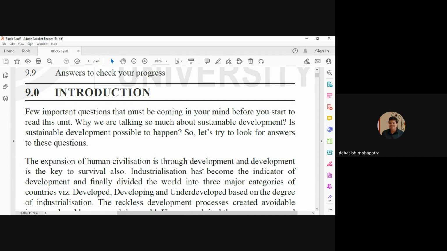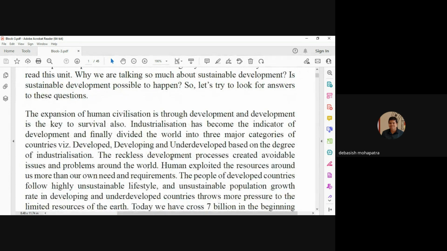Sustainable means developing at a cost that doesn't hamper our future generation or our nature. That's what sustainable is: to develop not at the cost of destroying nature or the future generations coming.